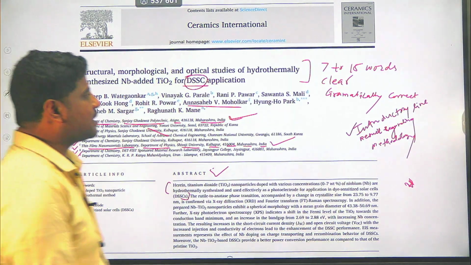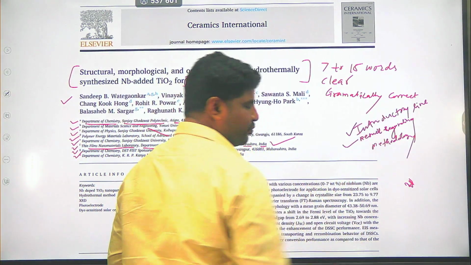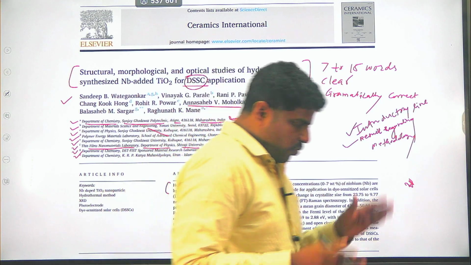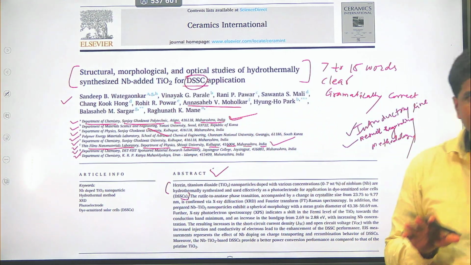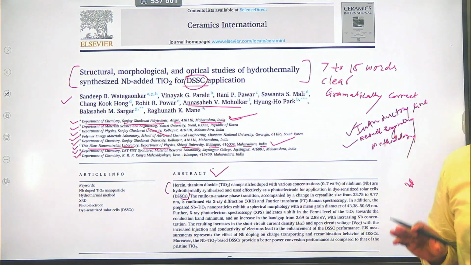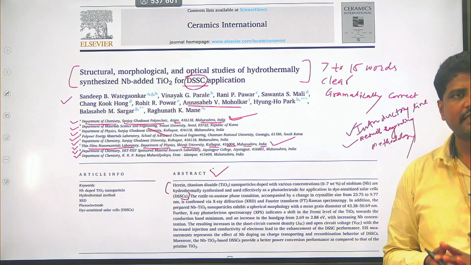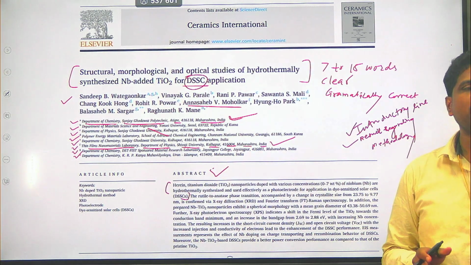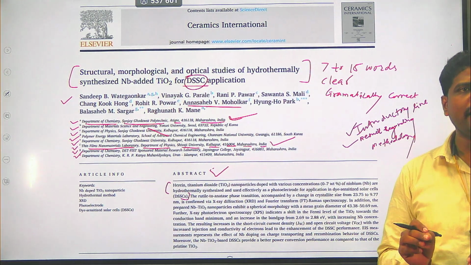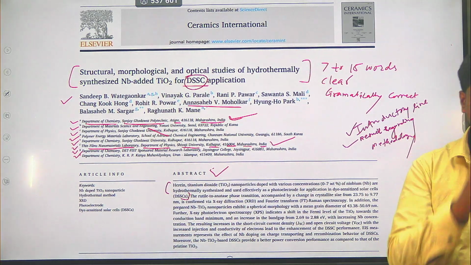Second thing, we must take care about the results. Results means whatever instrumental analysis you have done inside the research article; while writing it, you have to write each and every analysis within a single line.